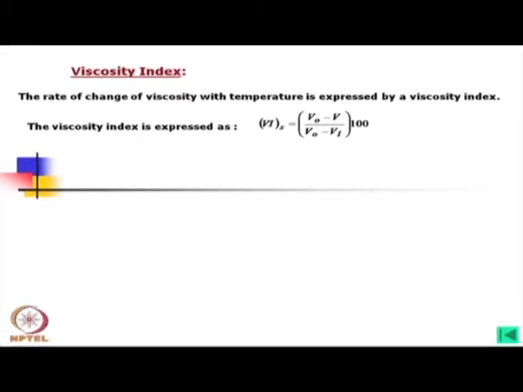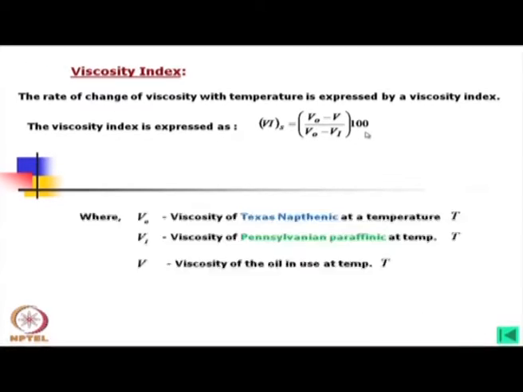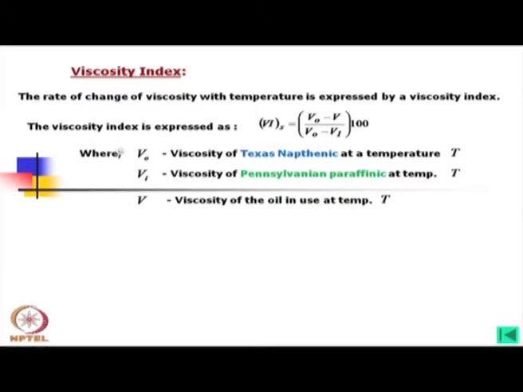It is expressed as VI subscript S, the viscosity index, is equal to V 0 minus V divided by V 0 minus V 1, into 100, and V 0 is equal to viscosity of Texas naphthenic oil at a temperature T. Now, we would like to find out the viscosity of an oil in use at temperature T.